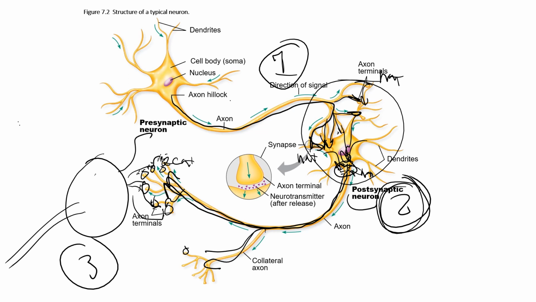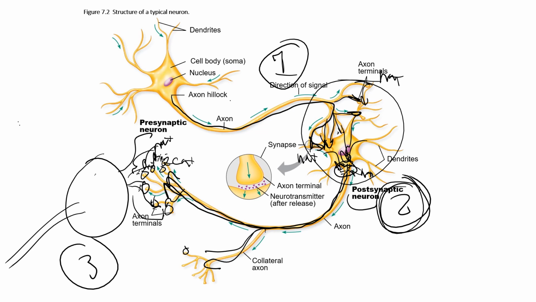And if it's an excitatory neurotransmitter, the ligand-gated channels, again, are probably going to be these non-specific cation channels, which is going to allow for the influx of sodium ions into the dendrites of neuron number 3. Within the dendrites, you're going to get a small depolarization.